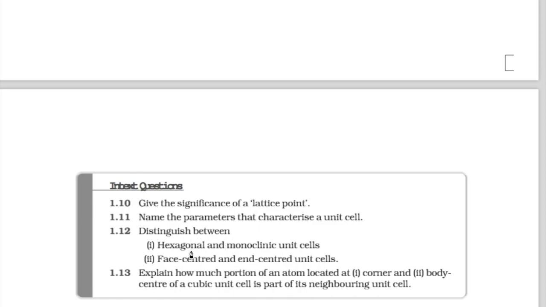Distinguish between hexagonal and monoclinic unit cells, and between face-centered and end-centered unit cells. Explain how much portion of an atom located at the corner and body center of a cubic unit cell is part of its neighboring unit cell.